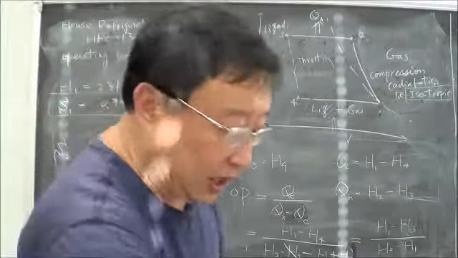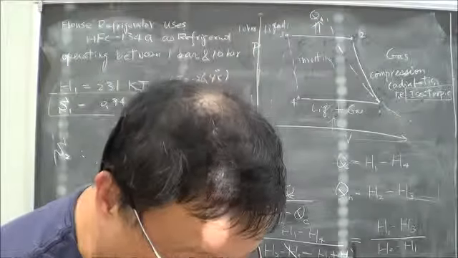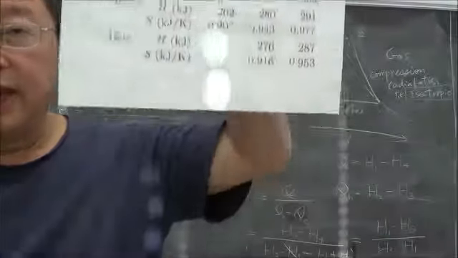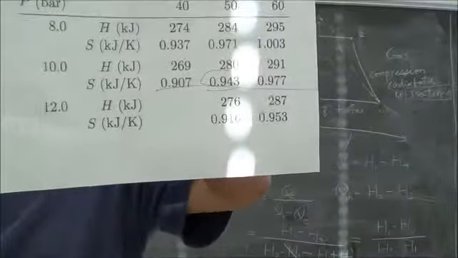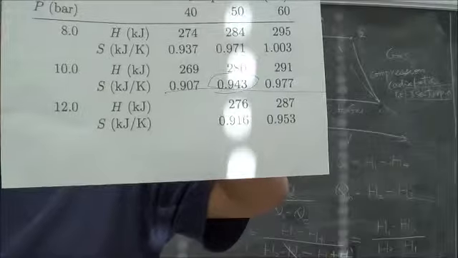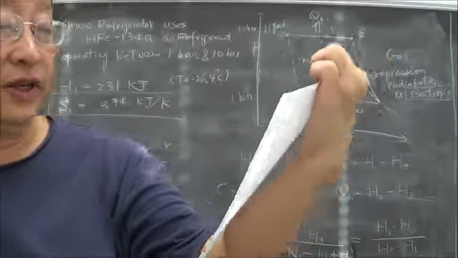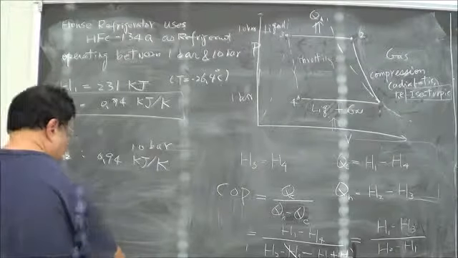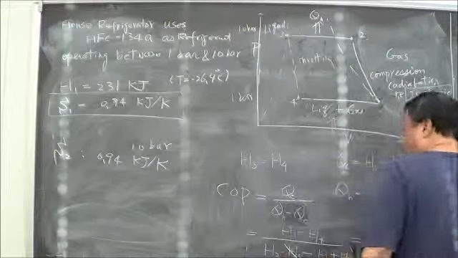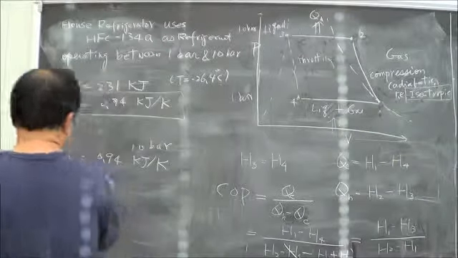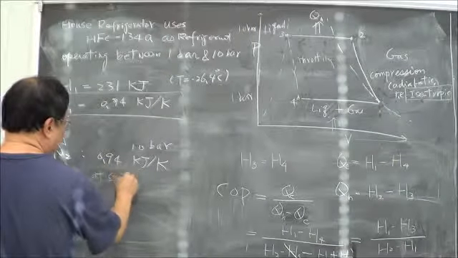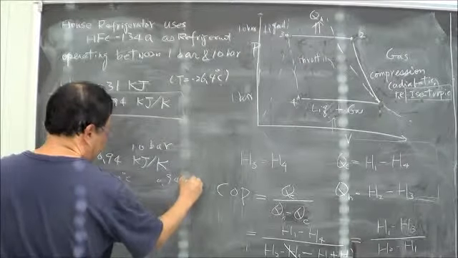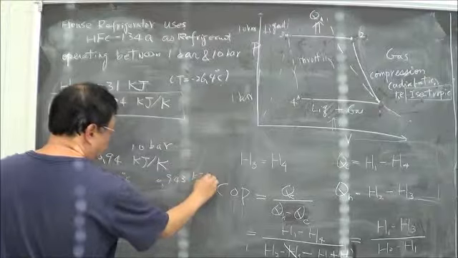Now, if you look at this table, at 10 bar, and that's the S value, then you will know it will be just slightly below 50 degrees centigrade. We know that at 50 degrees centigrade it is 0.943 kilojoule per Kelvin.